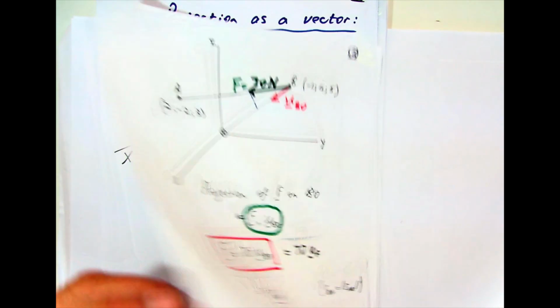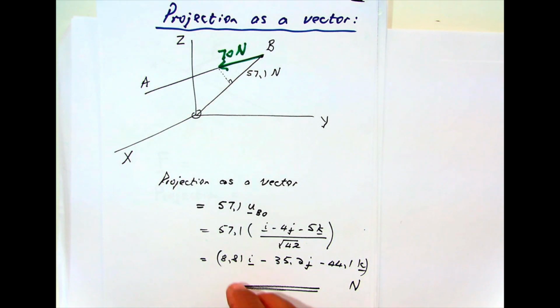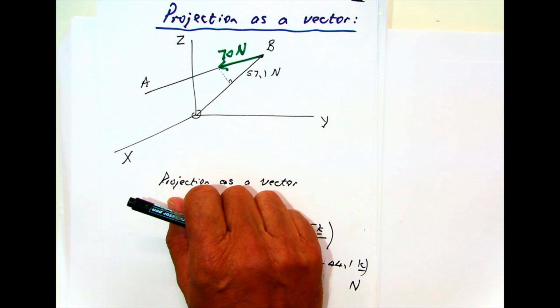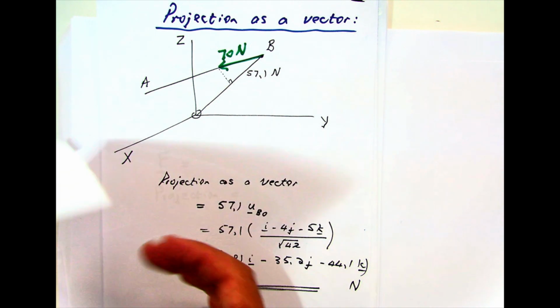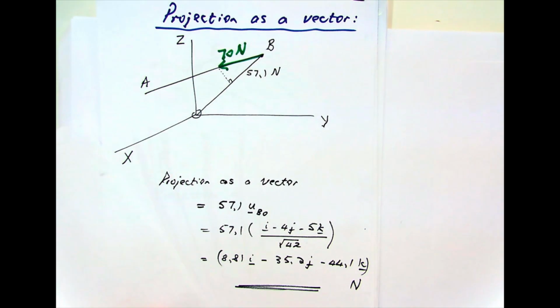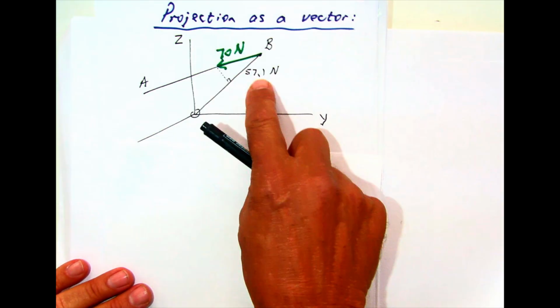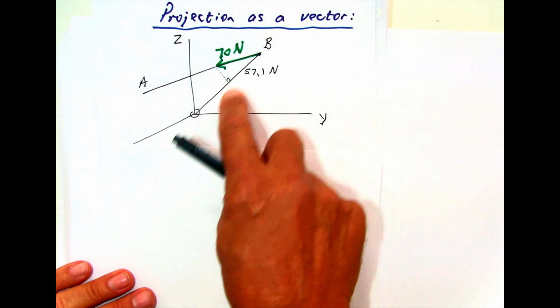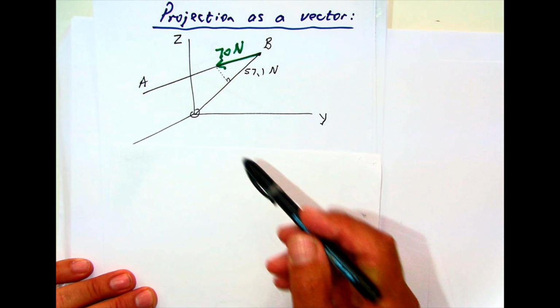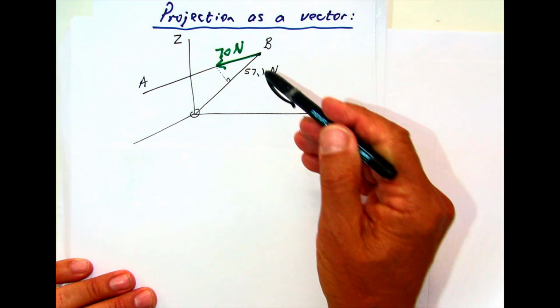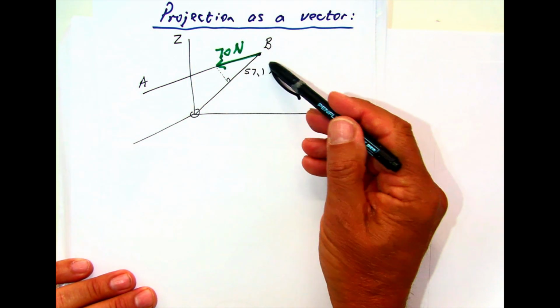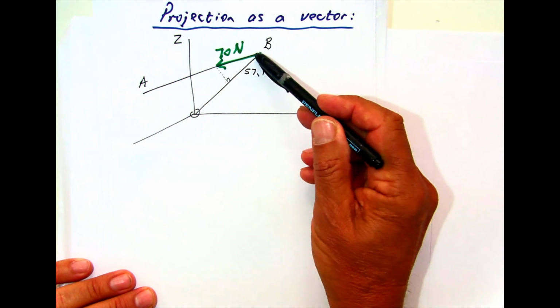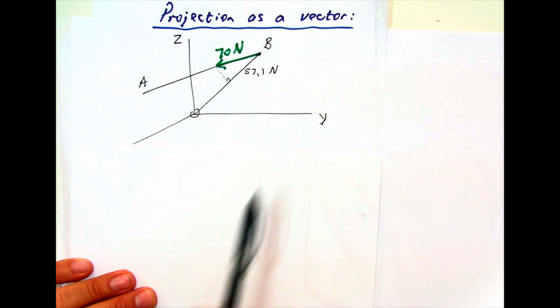Okay, just to repeat again, or not quite repeat, but sometimes they ask you to write that projection as a vector. What is the vector here? It has that magnitude, but what is the vector? The same we did on the previous page.